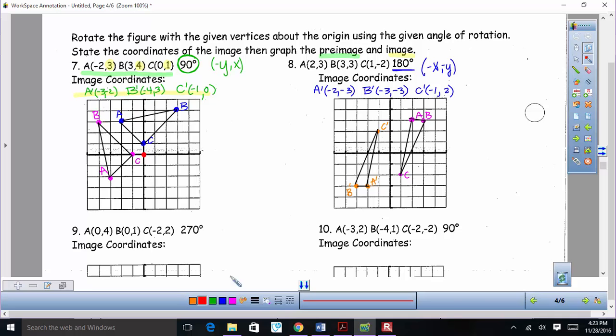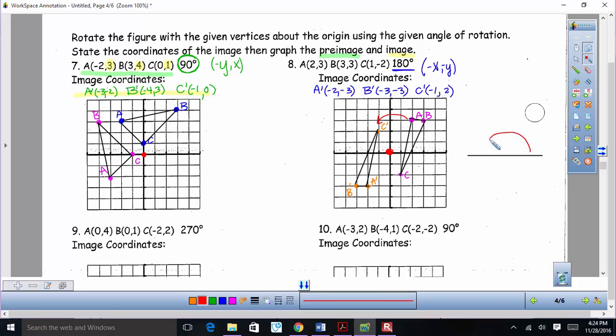Now, we rotated this counterclockwise around the origin, 180 degrees. Now, 180 degrees, we know that a line makes 180 degrees.